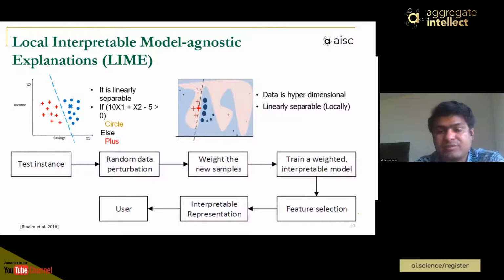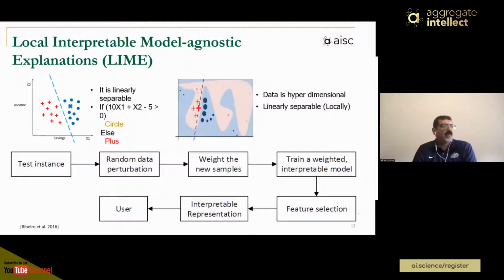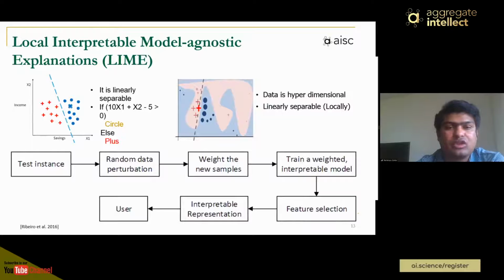Rehman, we have a couple of questions from the audience. The first is, how is local interpretability better than global? Is it better, and if it is, why? We can't say local is better than global. Local is easier to achieve, and it is hard to explain a model globally.